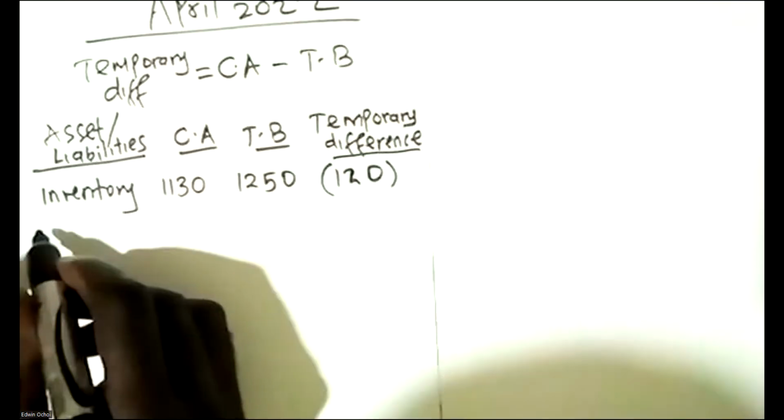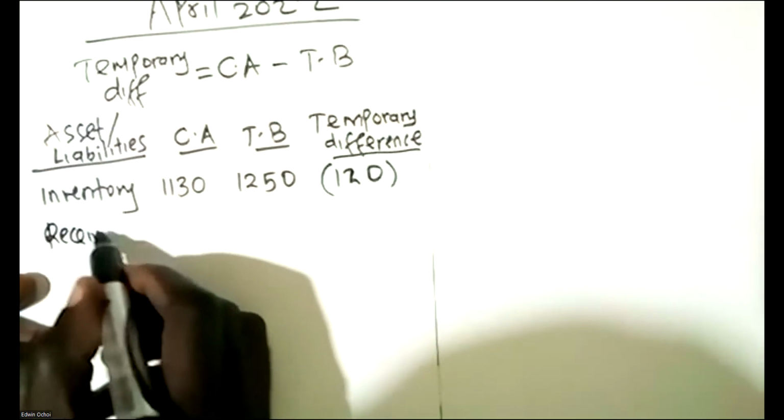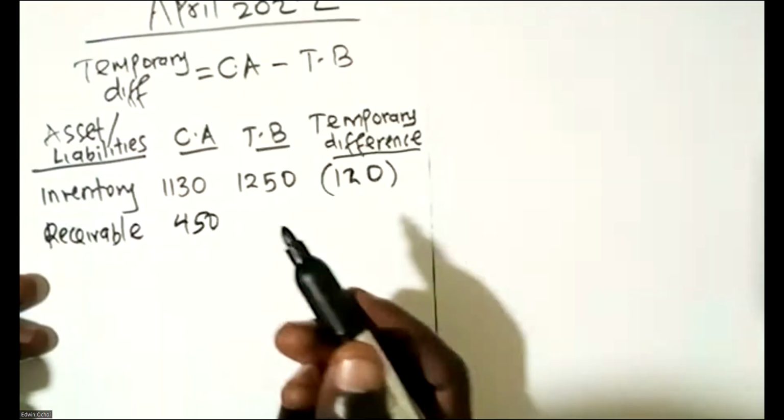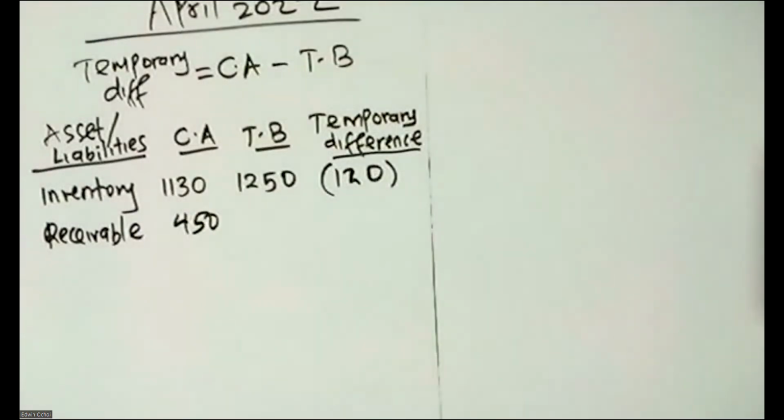So under receivables, the carrying amount is 450. Provisions are disallowable under tax, or rather, provisions are disallowable expenses other than the specific provisions.